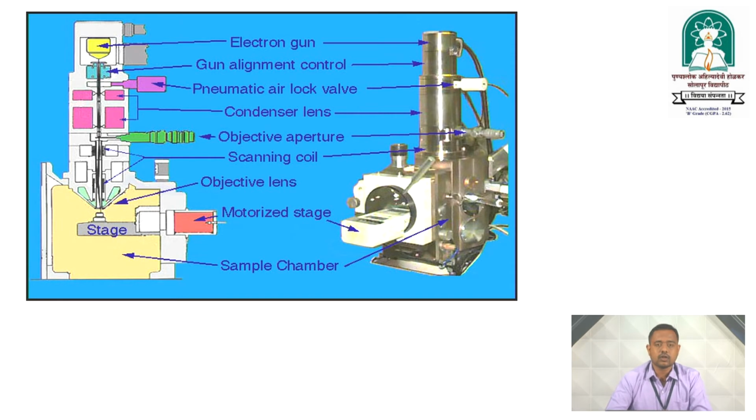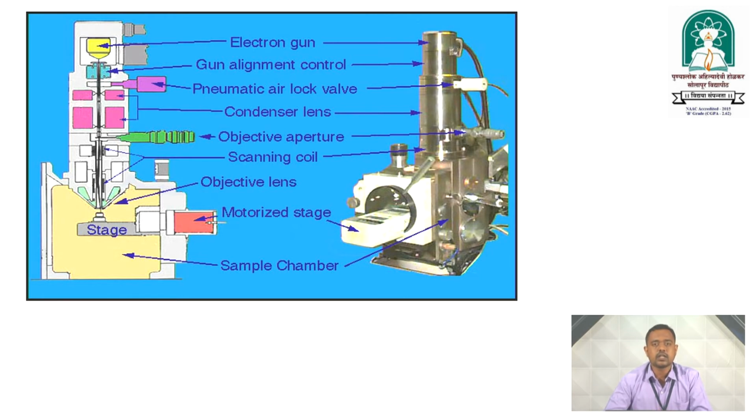So this is the cross sectional image and the actual image of the scanning electron microscope. Here we can see on the left hand side, the cross sectional image shows the electron gun. Thereafter, there is a gun alignment control, and a pneumatic airlock valve that controls the vacuum in the chamber. Then, as we have seen, the condenser lens, objective aperture, scanning coil, objective lens, and motorized stage.